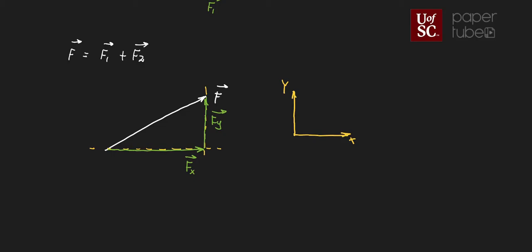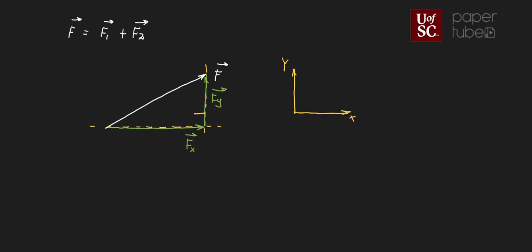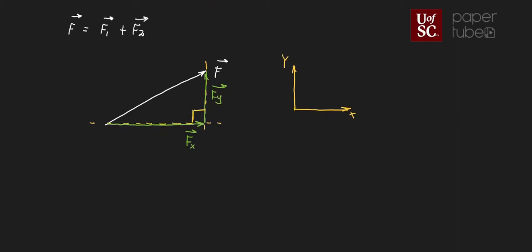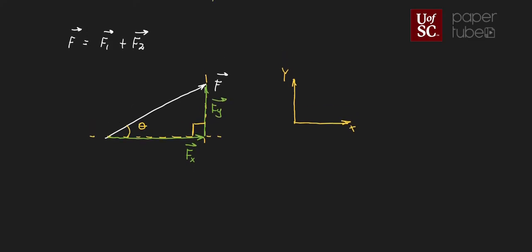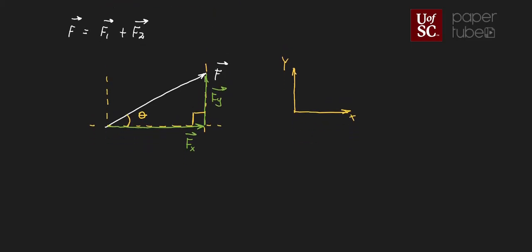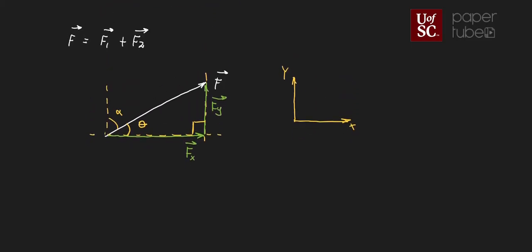This is easy to do because we have a right angle here. Often we're going to have some type of angle to define the direction of that force F. We might have this angle theta, or another angle over here, alpha. If we have any of that information, we should be able to use sines and cosines to find Fx and Fy.